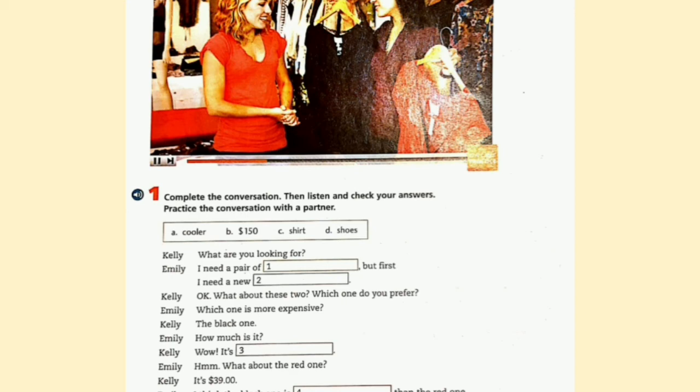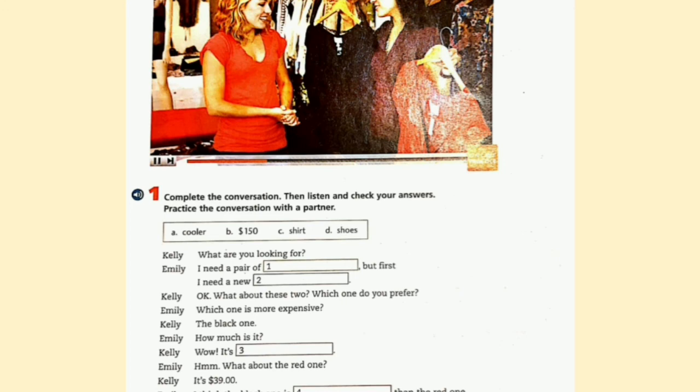Which one do you prefer? Which one is more expensive? The black one. How much is it? Wow! It's $150. What about the red one? It's $39. I think the black one is cooler than the red one. Yeah, but the red one is cheaper.